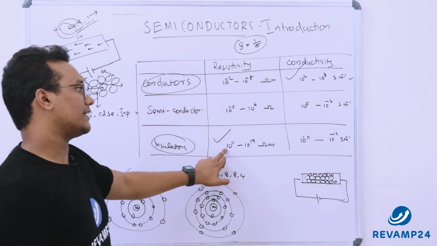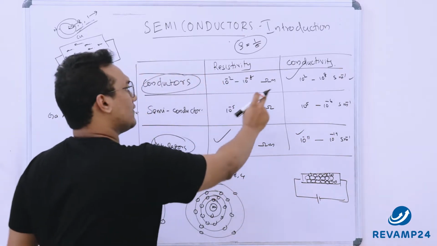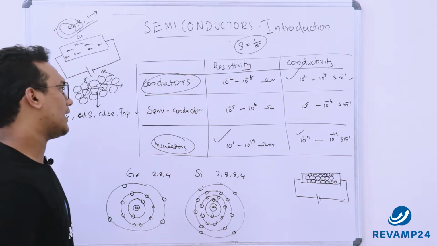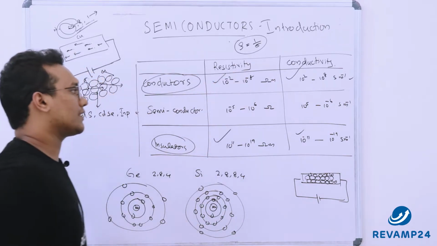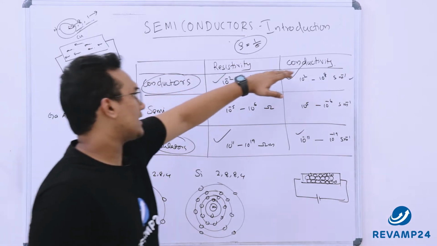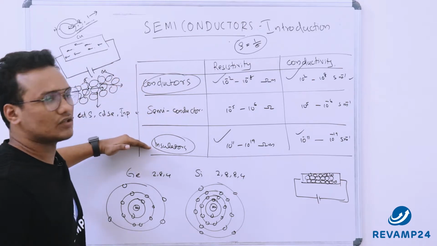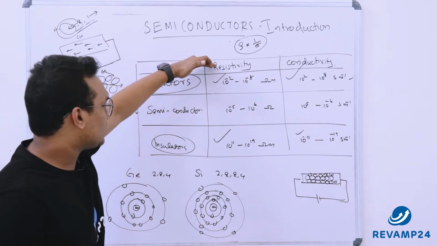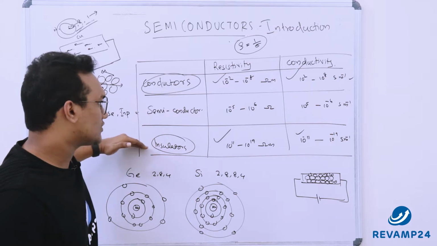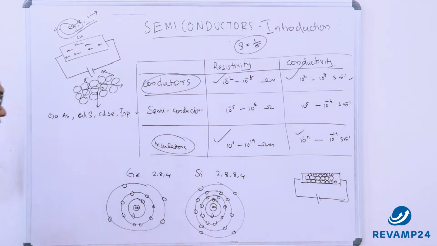Higher resistivity can also be told as lower conductivity, and higher conductivity can be called lower resistivity. In the case of semiconductors, conductivity and resistivity are in between conductors and insulators. So here resistivity is in between conductors and insulators, and conductivity is in between conductors and insulators.